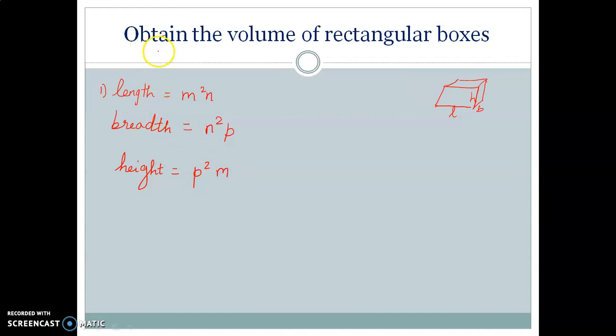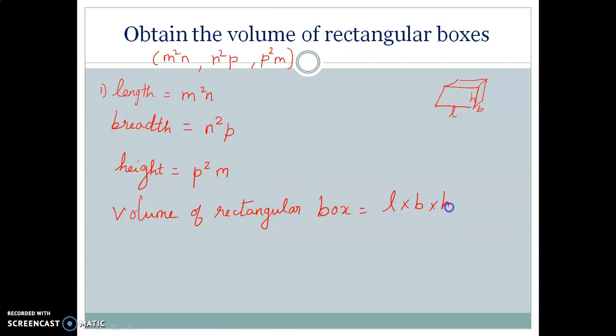In the book, the question is written in brackets like this: m squared n, comma n squared p, comma p squared m. You have to take and write independently like this: length, breadth and height. Now what am I going to find? Yes, the volume of the rectangular box, which is equal to length into breadth into height, cubic units.